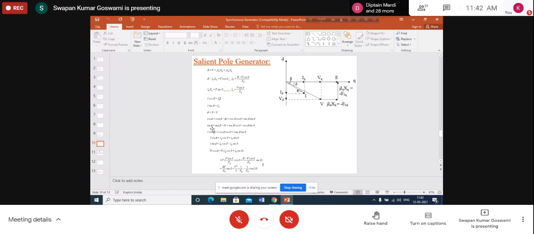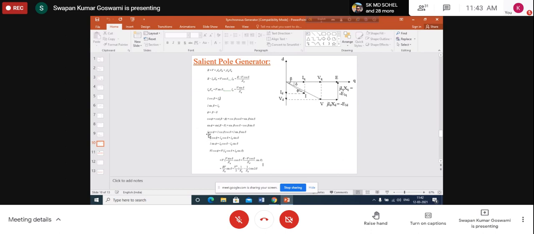Sine phi will be required when we derive the expression for reactive power. So sine phi is sine of beta minus delta, means sine beta cosine delta minus cosine beta sine delta. These are the expressions for sine phi and cosine phi.